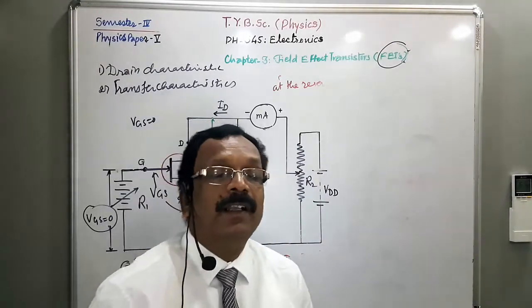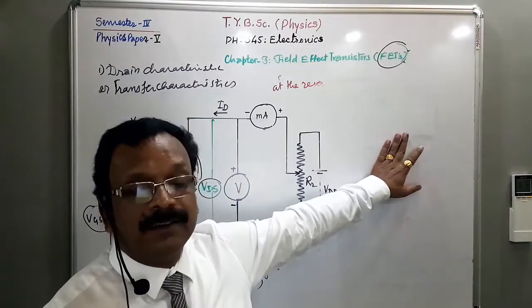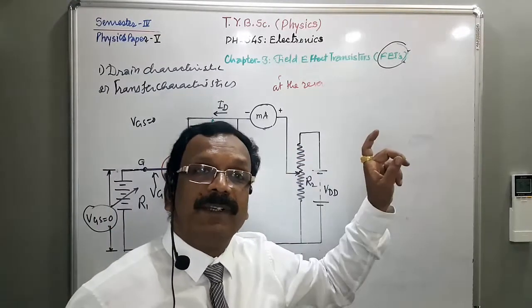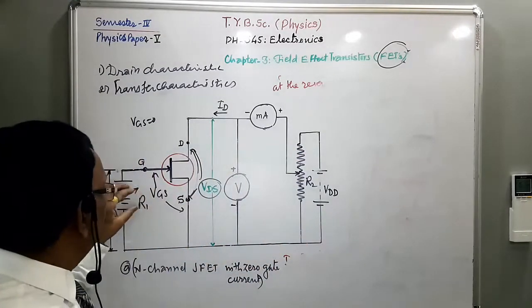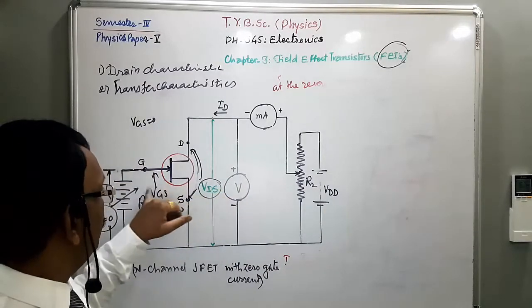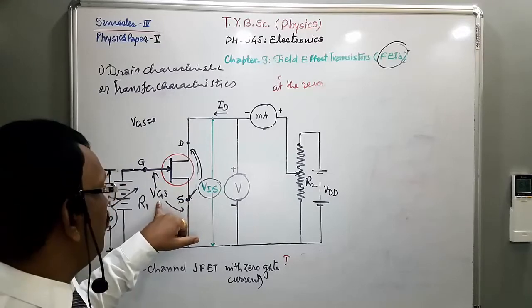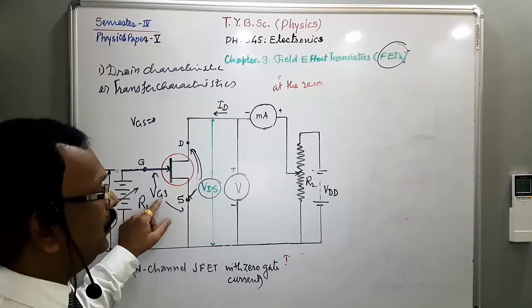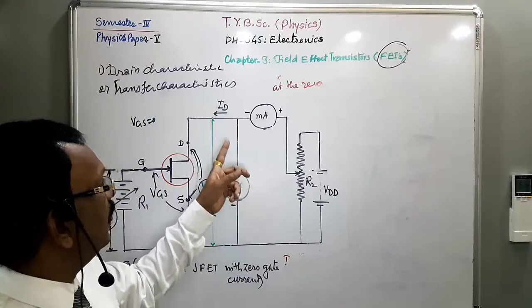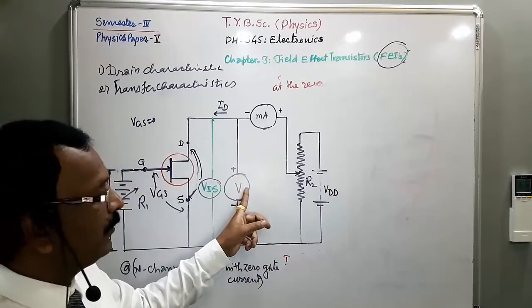What are drain characteristics? To obtain them, we take different plots for different VGS values. For example, for VGS equal to 0, we obtain the first plot, which is nothing but ID against VDS.